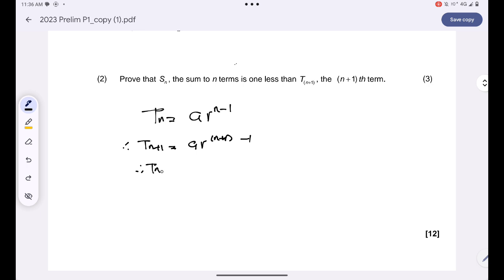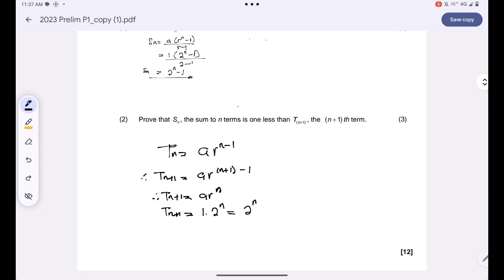Let me write properly so that you can see. That's Tn plus 1 and the minus 1 over there. These ones will subtract one another, and I'll be left with a r to the n. But remember that I do know the value of both a and r: a is just equal to 1, r is 2. So Tn plus 1 is basically 2 to the power n.